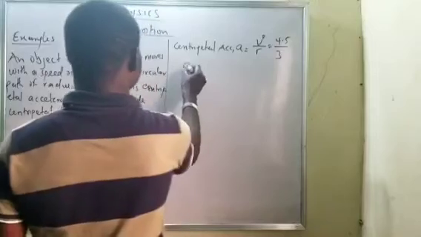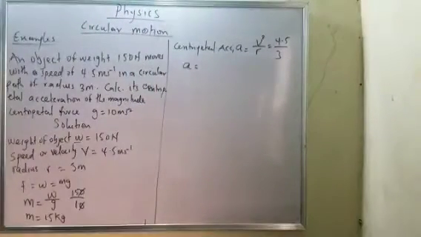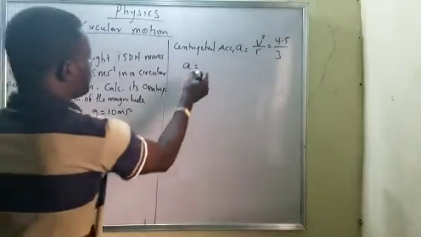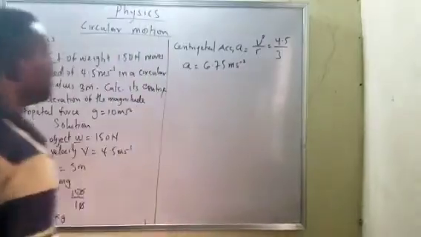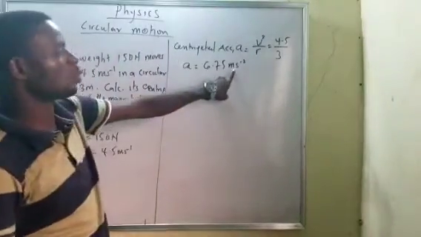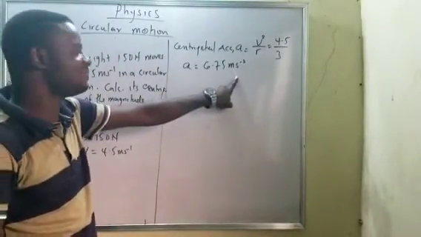My acceleration will be 6.75 meters per second squared. Make sure you go along with your SI unit. It's very important.